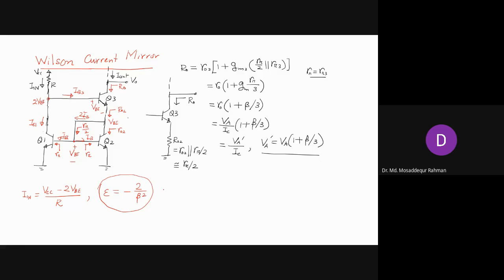So there is significant improvement also in the error due to the finite current gain. Just by using 3 transistors in the Wilson current mirror, it succeeded in improving the error due to both the finite output resistance and the finite current gain beta.